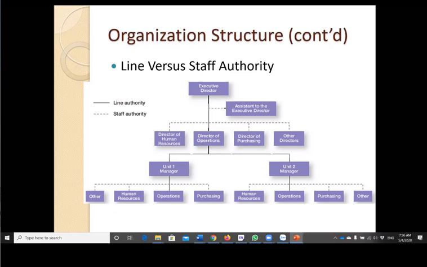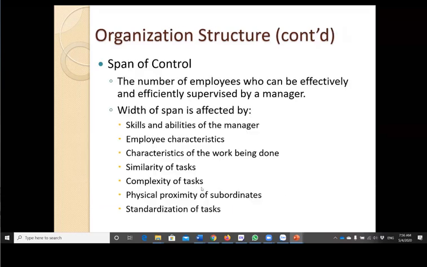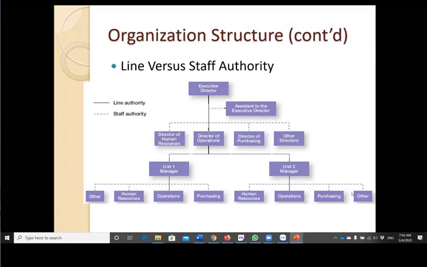We are talking about this position, director of operation, and assume that there's only one person in this position, one person here, one person here, one here. So what is the span of control of that?